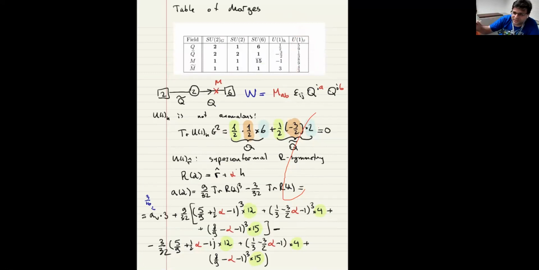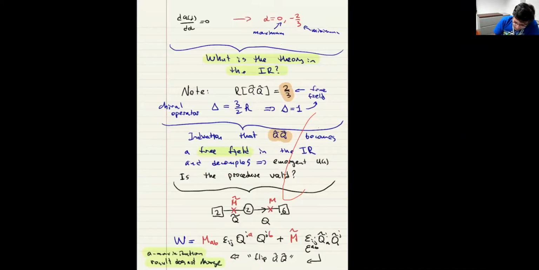It saturates it. So we just remove it and then nothing changes. So this is the theory we will consider. This theory now doesn't have any free fields in the infrared. It is some strongly coupled interacting SCFT, and the properties of this theory we want to understand.